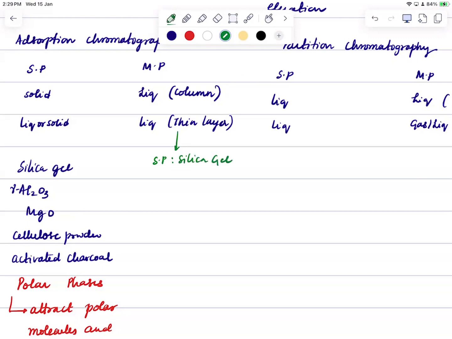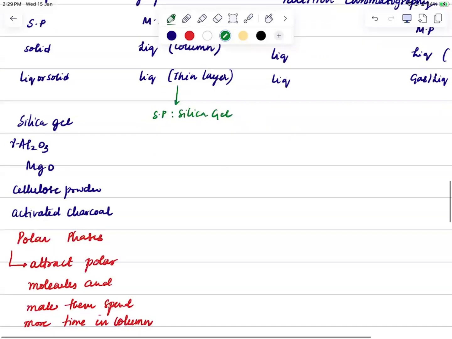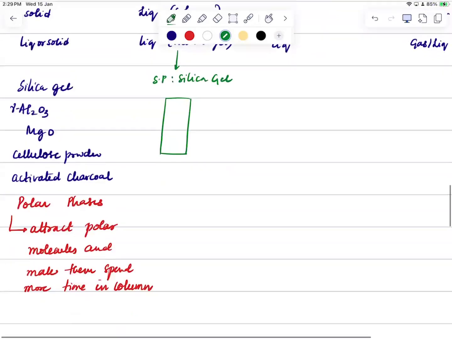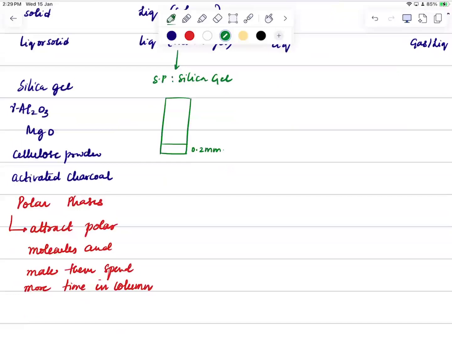And there will be a plate being used, which is 0.2 mm thick, right?